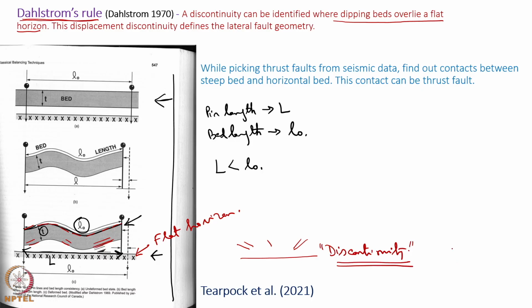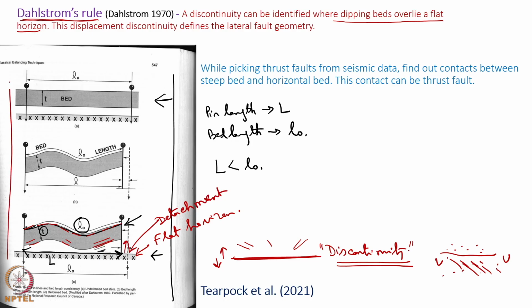In case of an unconformity, the rocks deposited here and the rocks here are of different ages. We are not saying that across this discontinuity there is a difference in ages of the rocks, but the discontinuity can be produced due to tectonic reasons, such as a detachment, and over the detachment deformation has been restricted. In this particular case, the orthogonal thickness is maintained constant during the process of cross-section balancing.